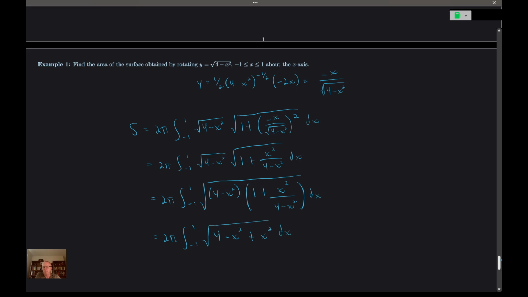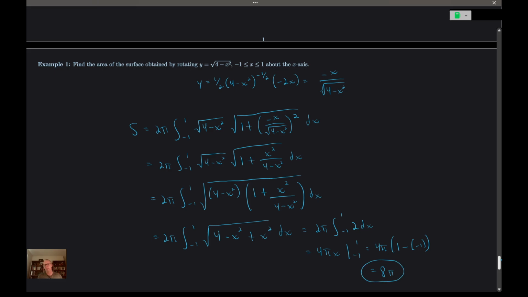And so then this, of course, becomes the square root of 4, which is just 2. And so this really becomes 2 pi times the integral from -1 to 1 of 2 dx. And so that's going to turn into 4 pi x, and we're going to evaluate from -1 to 1. And so 4 pi times 1 minus -1, which is 2, and then we get our final answer, 8 pi.